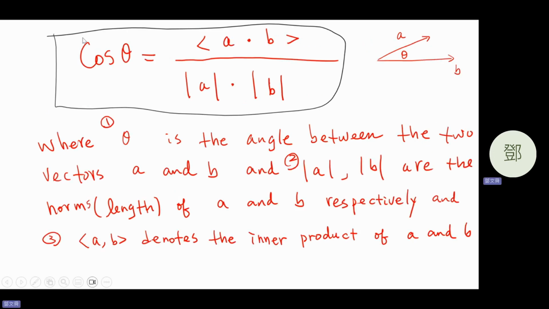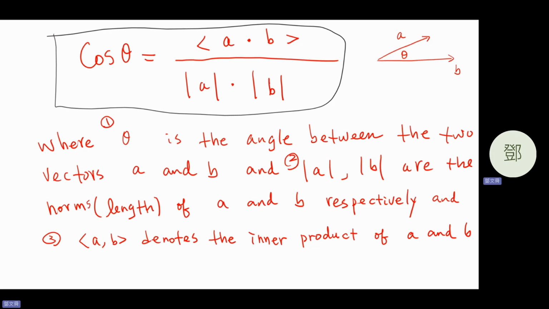Theta is the angle between the two vectors, vector A and vector B. Number two, this is the norm, or the length, of A, and this is the length of B.